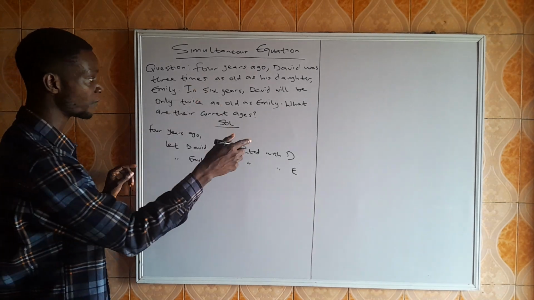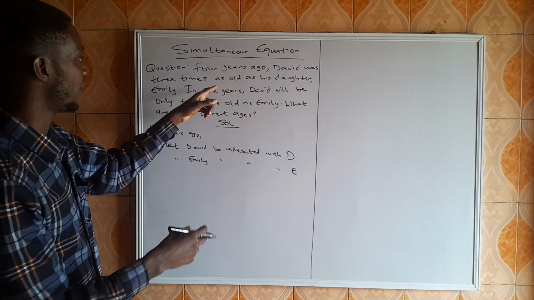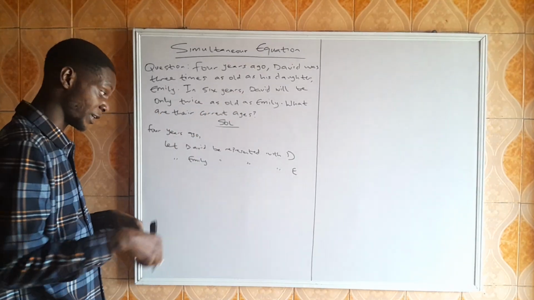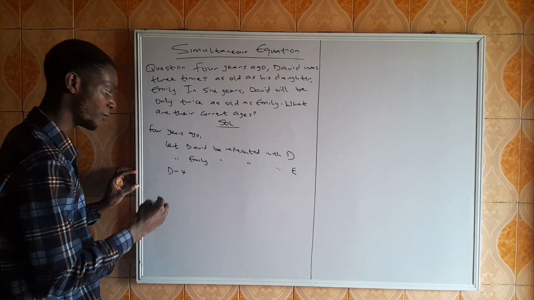So 4 years ago, David was 3 times as old as his daughter. That means 4 years ago from now, David's age will be David's age minus 4.